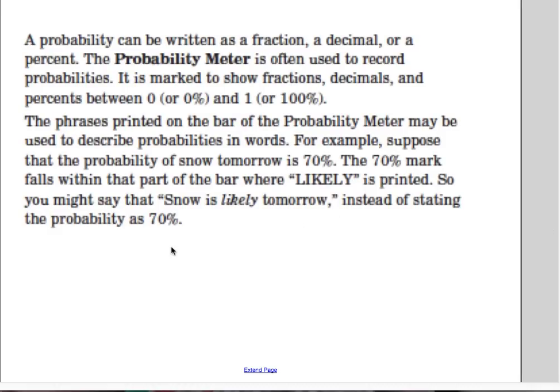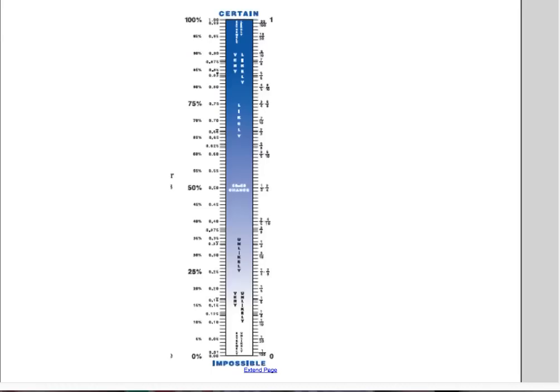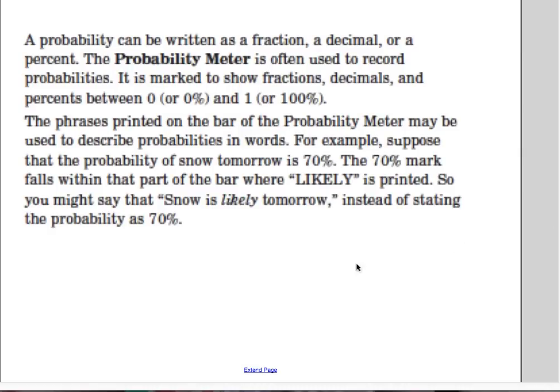A probability can be written as a fraction, a decimal, or a percent. The probability meter is often used to record probabilities. This is what the probability meter looks like. It is marked to show fractions, decimals, and percents between 0 or 0% and 1 or 100%.